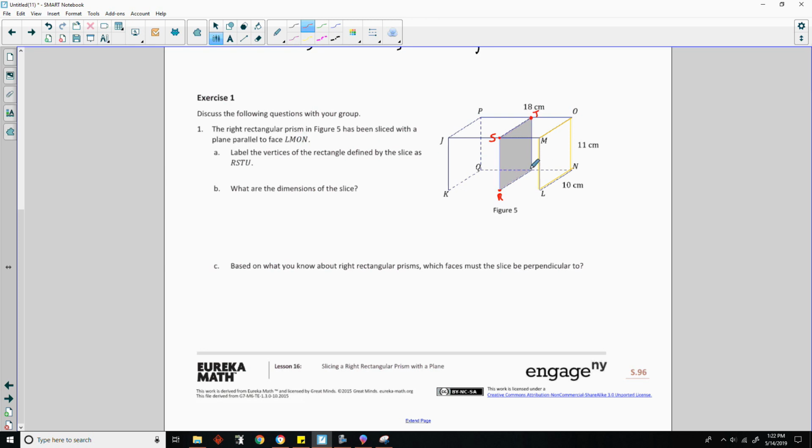And then finally, U is down at this corner here on the shaded region. What are the dimensions of the slice? If this slice is part of this prism, and we cut through parallel to this face, then it's congruent. This rectangle here is congruent to this rectangle, so it has the same dimensions, which is 10 by 11.